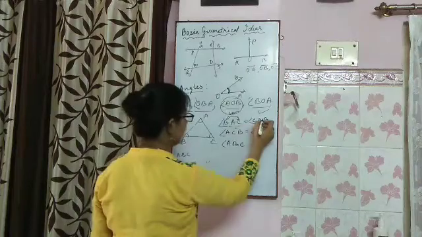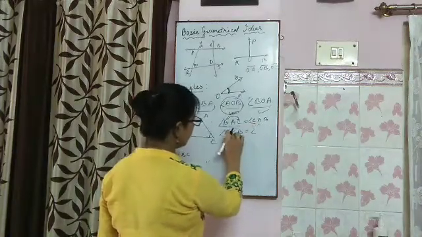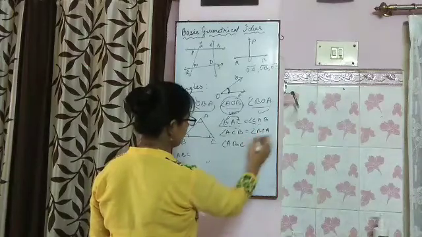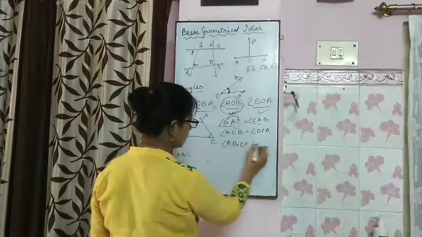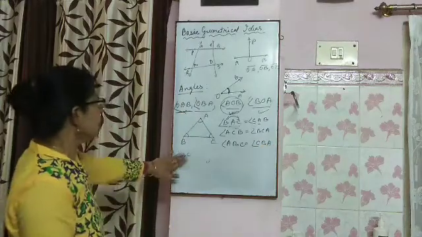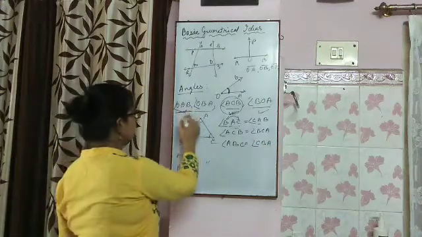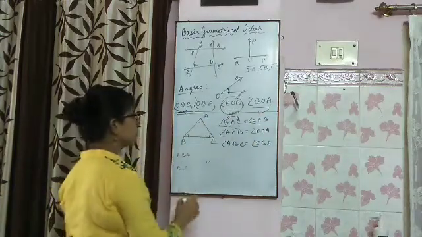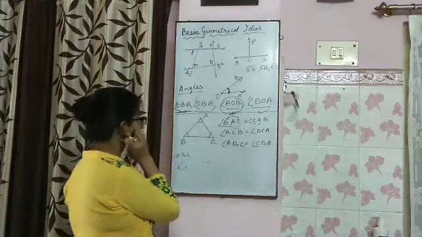So ACB can also be named BCA and ABC can also be named this way. So from this, up to this we have learned about angles. Here also in a figure we can name by angle.